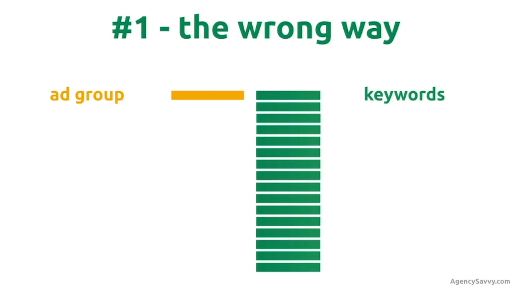We've got Samsungs, we've got Sony, we've got Philips. But that isn't as good an ad to somebody that is searching for that Samsung 4K TV. If you show them an ad that says Samsung 4K TVs and some benefits around that, they are far more likely to click on your ad than your competitor's ad, which is we do all things to all people. So this is the wrong way to do it. You don't want loads of keywords dumped in one huge ad group.